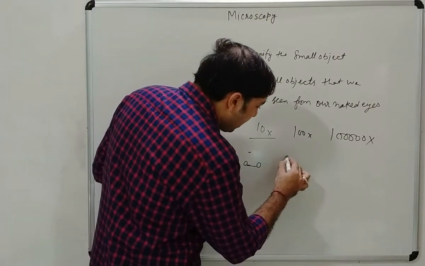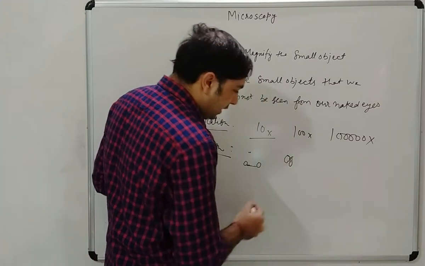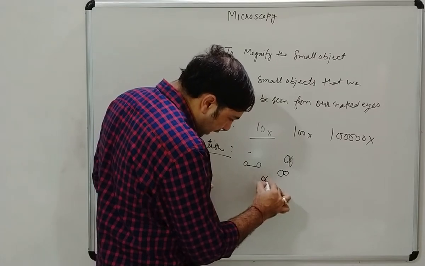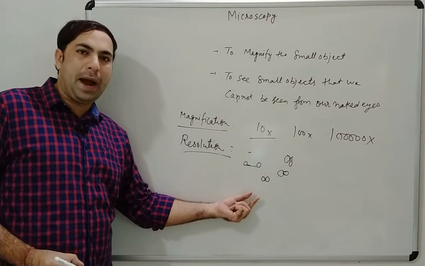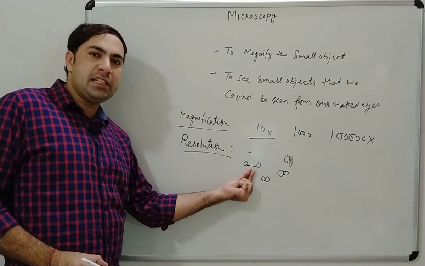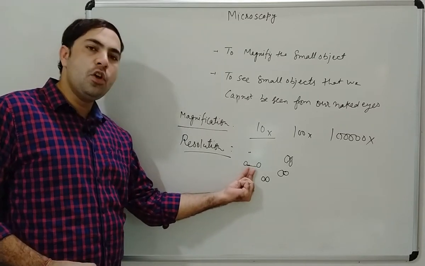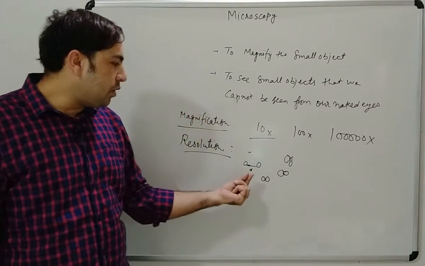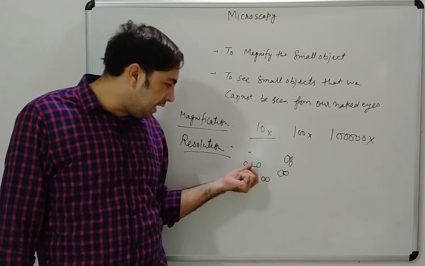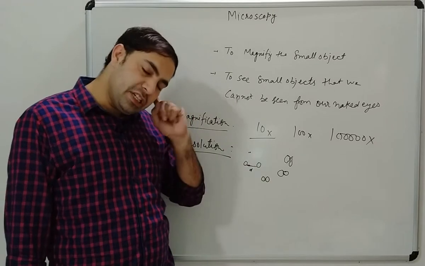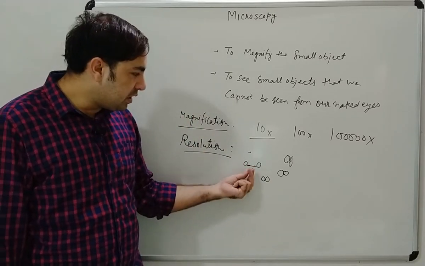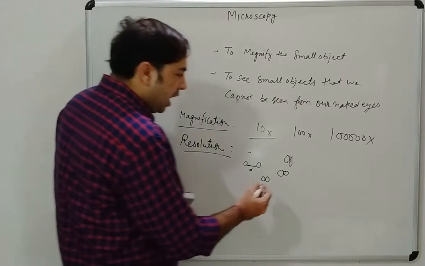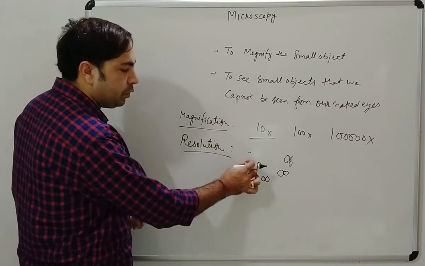Some microscopy gives a diffuse image of these particles, and some microscopy gives a clear image of these two particles. We can see this by the difference in the distance between the two particles. This distance we call d. So which microscope gives a clear picture of this d, in which limit can it give the resolution? We call this resolution: how much clarity a microscopy can give between two particles.